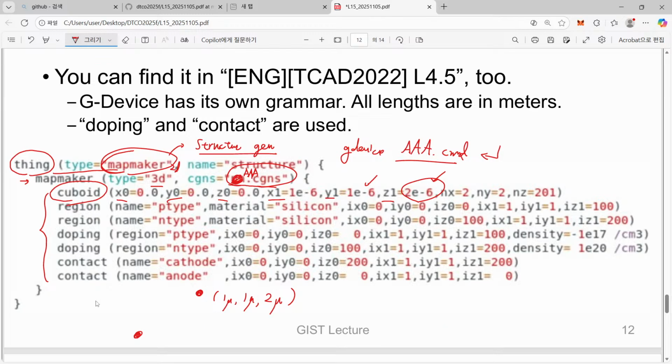But anyway, now we have a 1 micrometer, 1 micrometer, and 2 micrometer size cuboid, and when we visualize it, it becomes a tall box. So here we have 1 micrometer and 1 micrometer, and this corresponds to 2 micrometer.